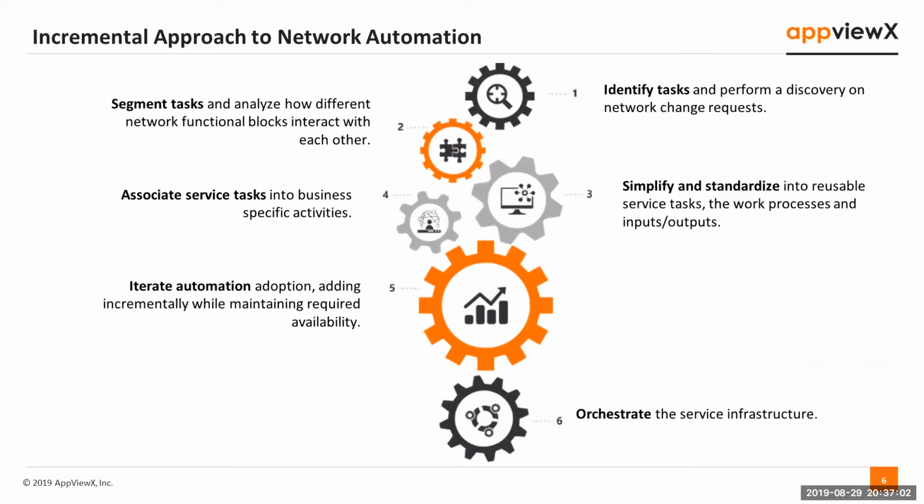Now, some of those incremental approaches to reaching network automation are described here. It initially begins with identifying the tasks. And what that means is identifying each individual component or building block within the overall task sequence of application delivery and application management life cycles.